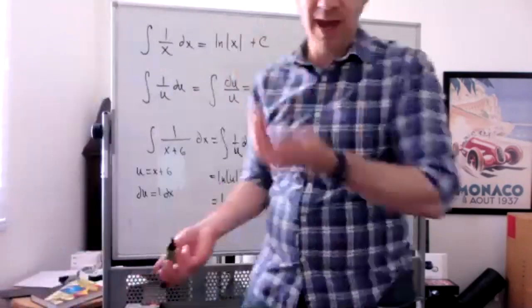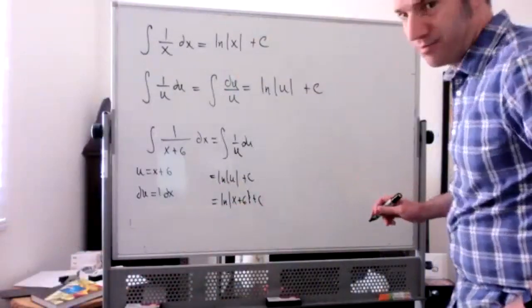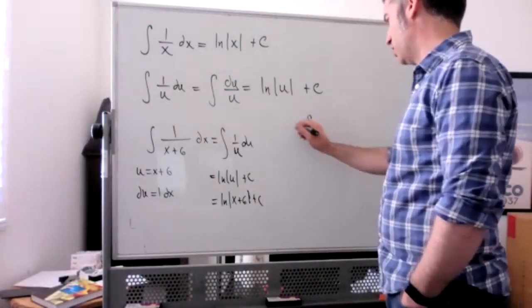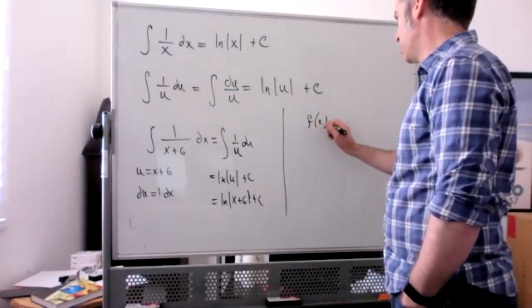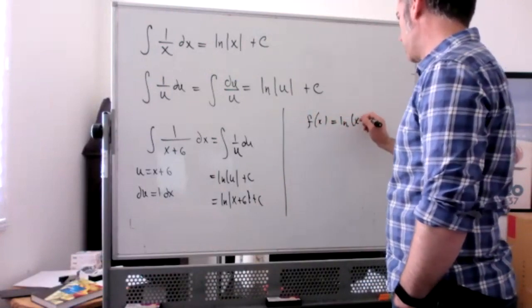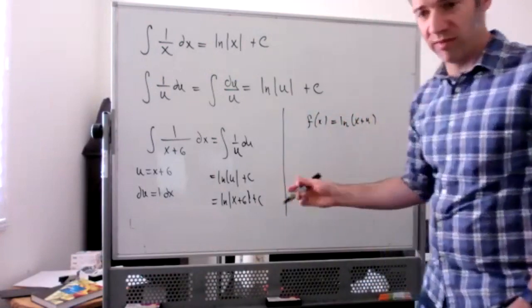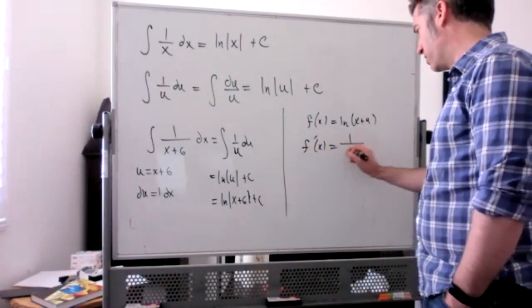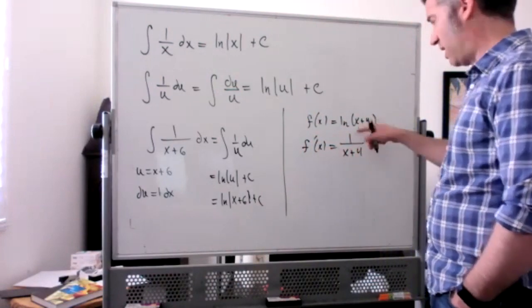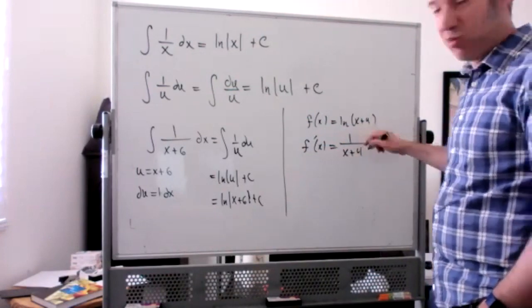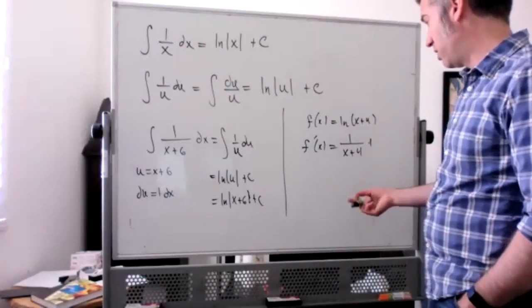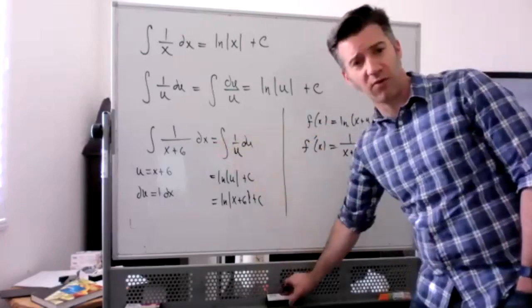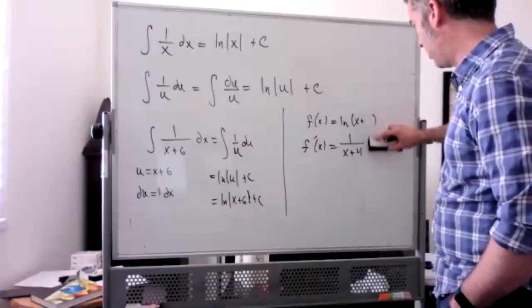Or you could be like, hey, I know that if my function is the natural log of x plus 6, I know the derivative of that is 1 over the stuff times the derivative of the stuff, but the derivative of x plus 6 is just 1. Sorry, I did 4 instead of 6, apologies.